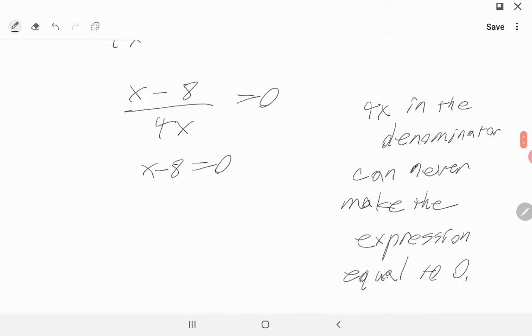So in general, the only thing the denominator is going to do for us is let us know if some value is not allowed. And so we'll see an example of that in just a minute.